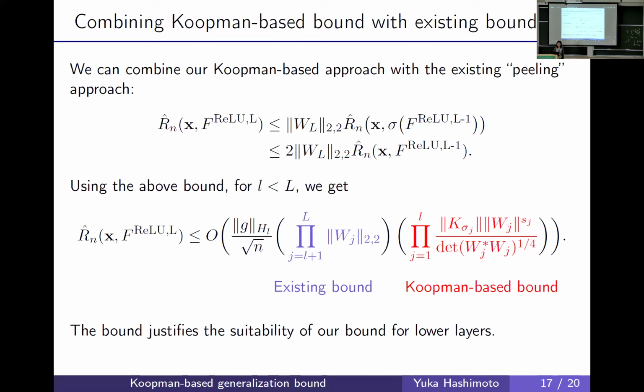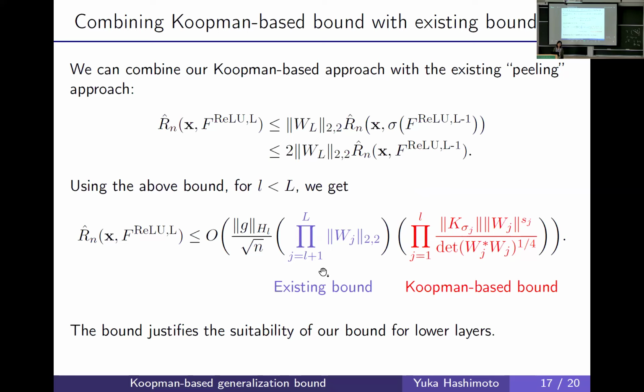Here, this is our result. This part is our Koopman-based bound, and it can be applied to the lower layers, because j is small here. We can also apply the existing approach to get this part, and this is for higher layers.